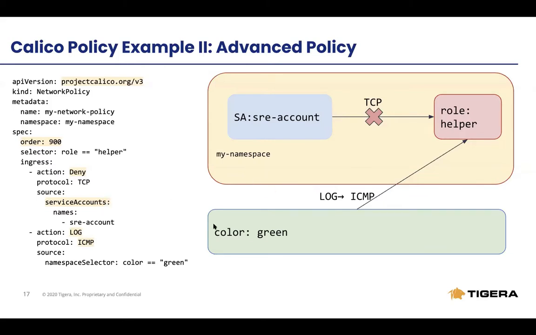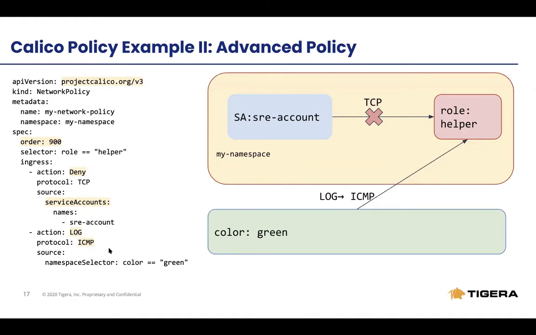And then also we're going to log. So we're not going to take any action for the traffic coming from the namespace green into the helper role pod within my namespace, but we're going to log it. So you're going to be able to see it wherever the CNI logs, usually with the kubelet logs as well.